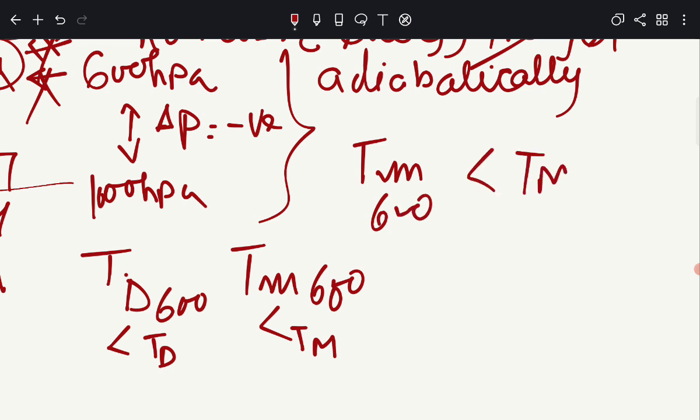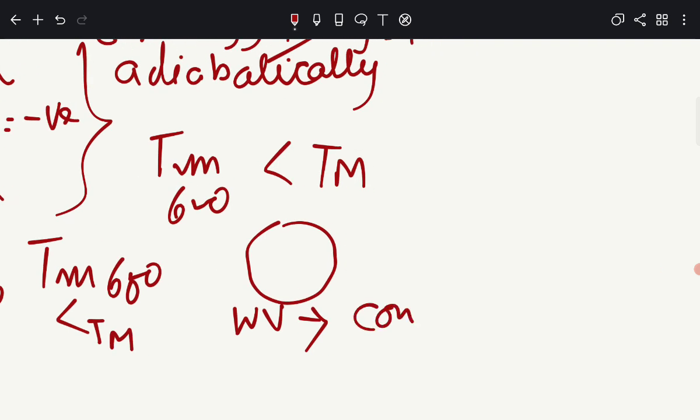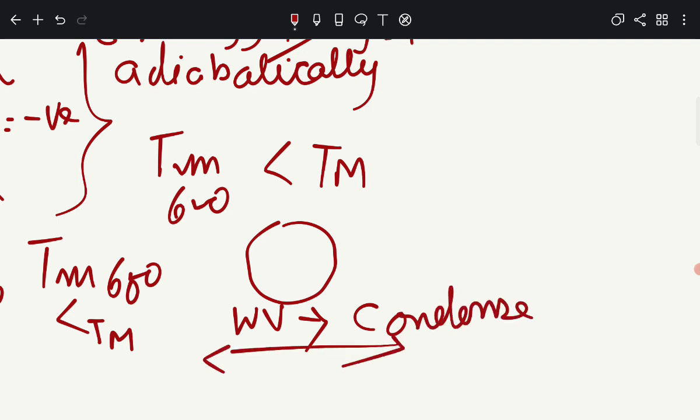So if temperature decreases, if this is the air parcel for you, then the water vapor starts to condense, right? It starts to condense, and within this process what we will have is latent heat.